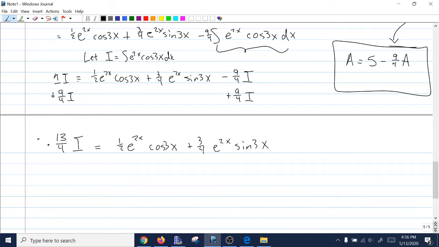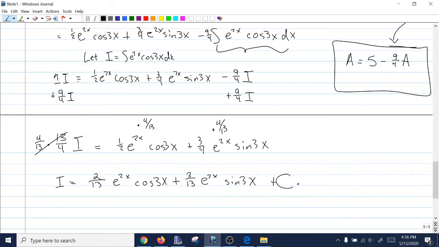I guess I'm going to multiply by 4 over 13. Cancel. I get that the original integral, the answer to my question, is, what's 4 over 13 times 1/2? That's 2 over 13 e to the 2x cosine 3x plus 3 over 4 times 4 over 13 is 3 over 13 e to the 2x sine 3x. And you have to put the plus c yourself.